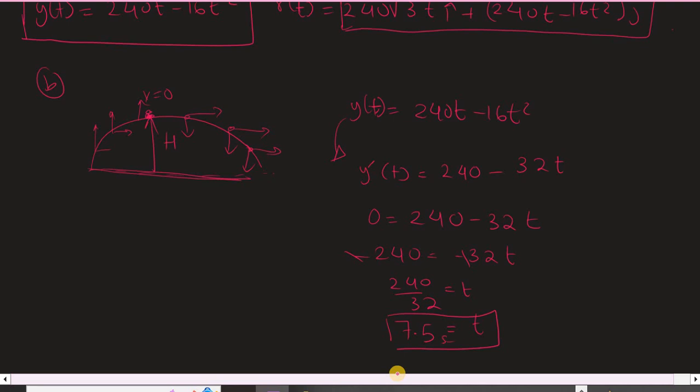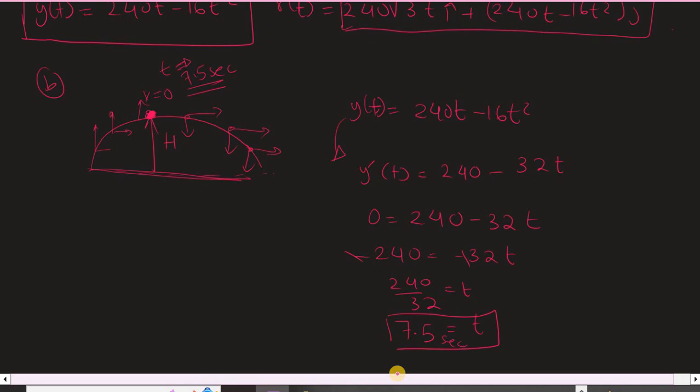Okay, so 7.5 seconds. So the maximum height was reached at 7.5 seconds. But our question was not to find the time of the maximum height. Our question was to find the height of the maximum height. So now when we know the time that the maximum height was reached, can we find the height?